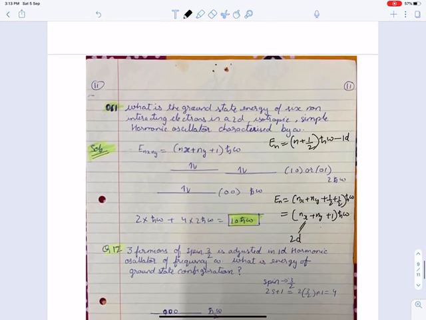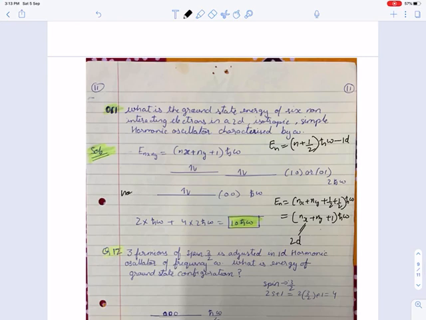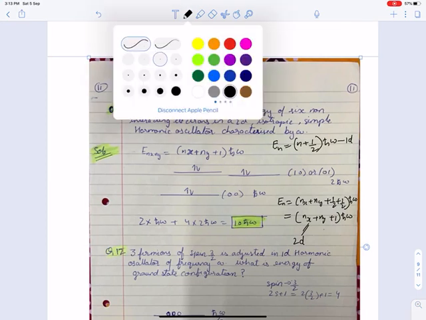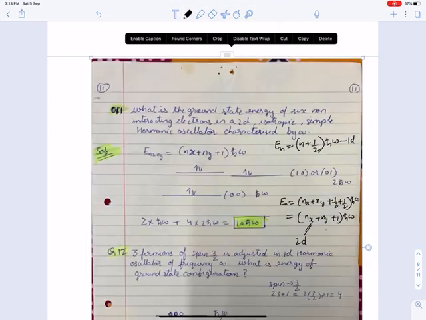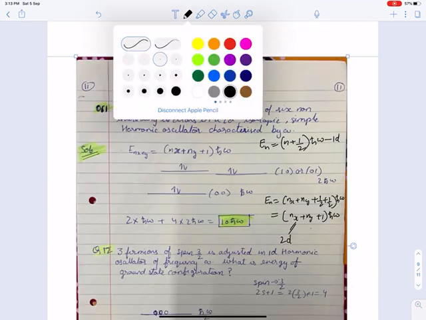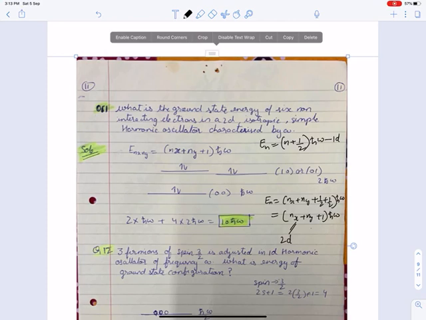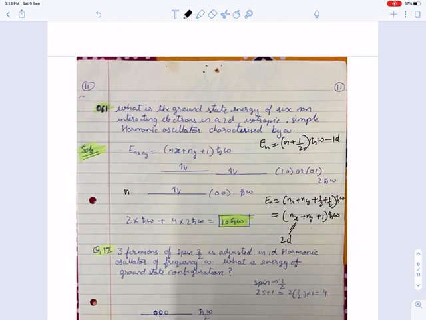So I told you that this state is non-degenerate, and this one is degenerate.